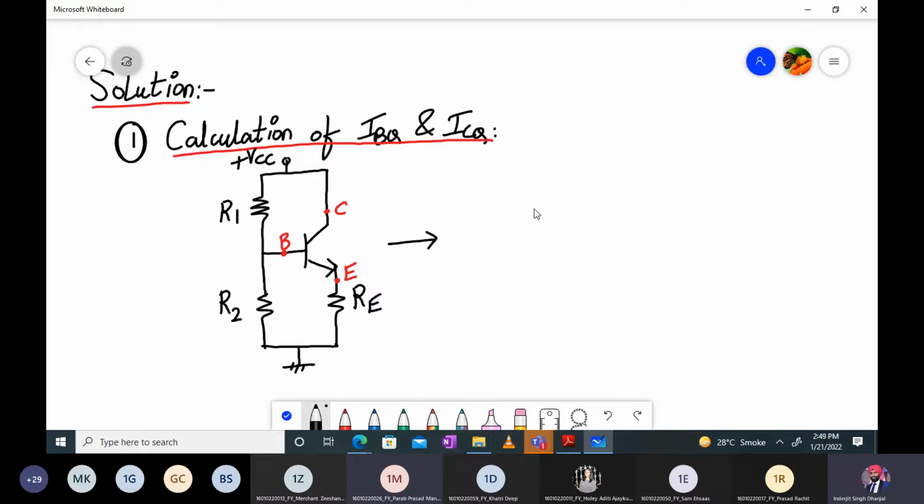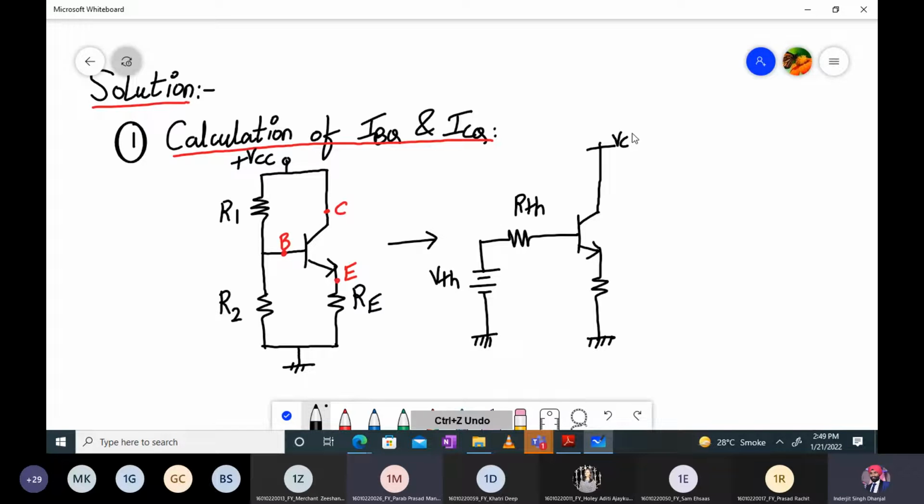For this network, how do you analyze it? You apply Thevenin's equivalent and then how will you convert it? This way, right? I hope that you all are aware of this. You apply the Thevenin's equivalent at the base terminal and we get this VTH, RTH, and that will be connected to VCC. Only difference being, earlier we had a resistor RC, but here the collector terminal is directly connected to the VCC.